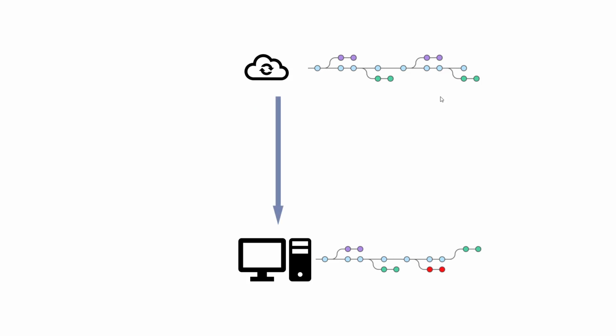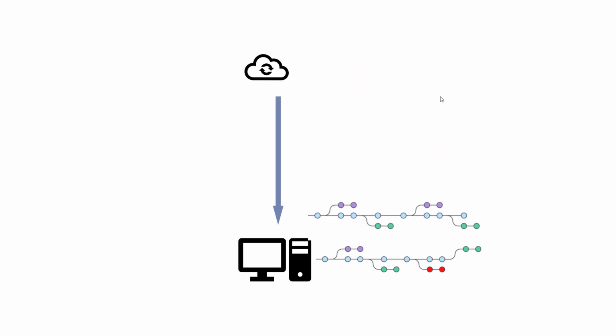Whenever the server is different than you, that's required. And then on your end, you have to make a choice, right? Do you keep the one from the server, or do you keep your history? One of the histories has to become the one that you pick, and the other one has to be abandoned or discarded, right?